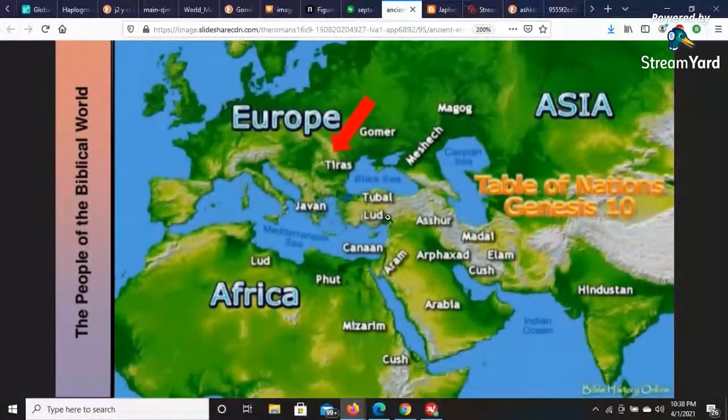We also have the descendants of Shem, which are Asher, Aram, Elam, and Arpachshad. And we have the sons of Ham: Canaan, Put, Mitzrayim, and Cush. Now, these are all people here. These are all known civilizations, real people.